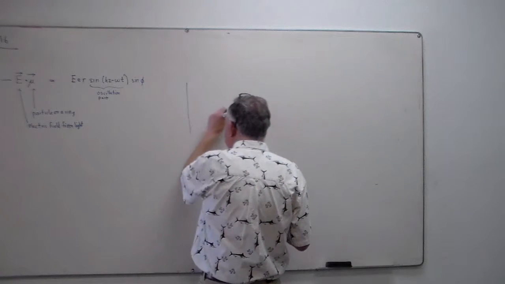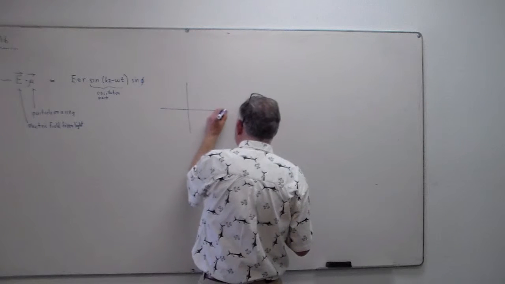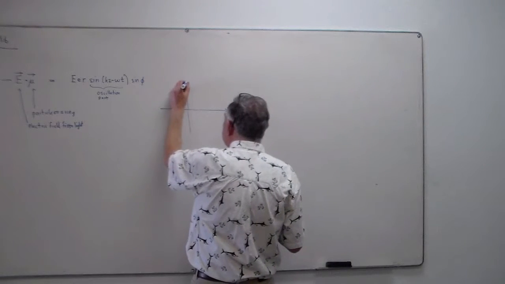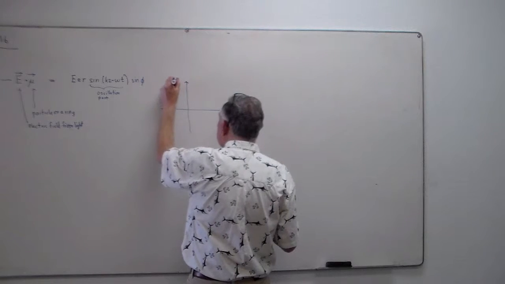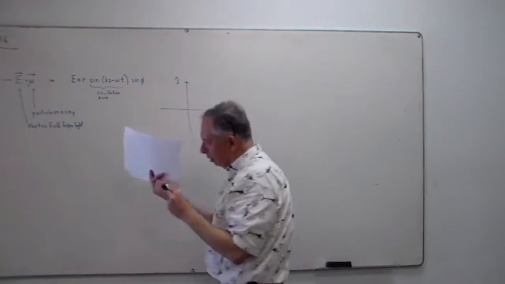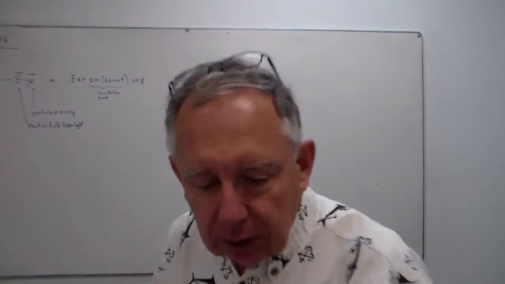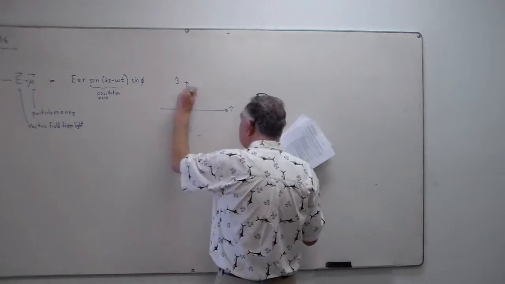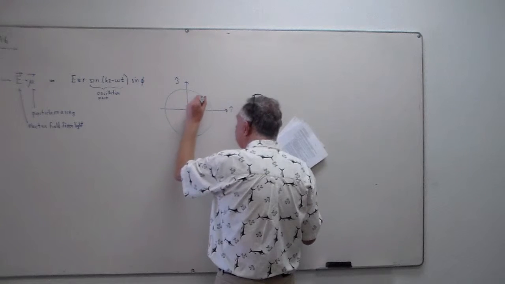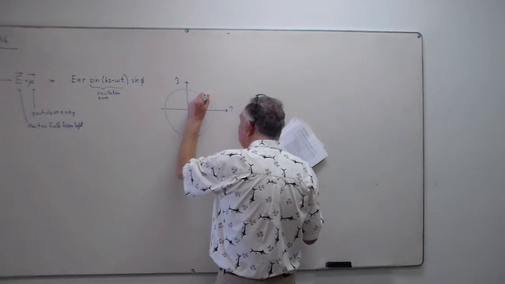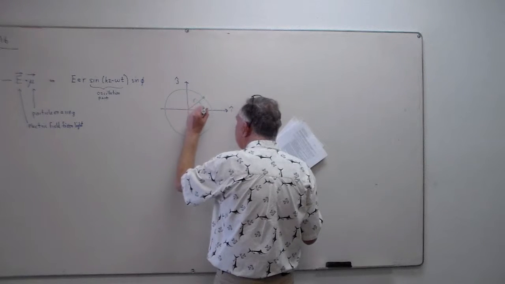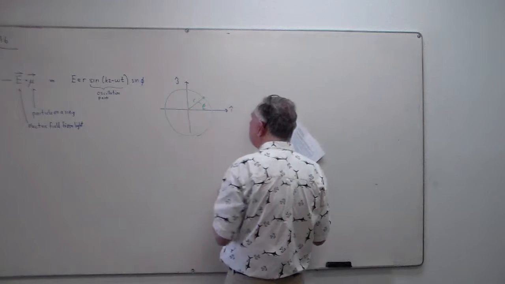So if we look down on this, with i and j unit vectors, our particle is going around in a circle of radius r. So here we are, and here is our angle phi.